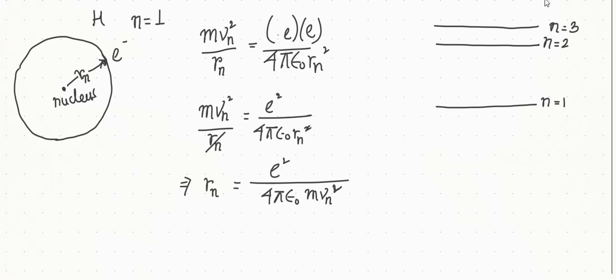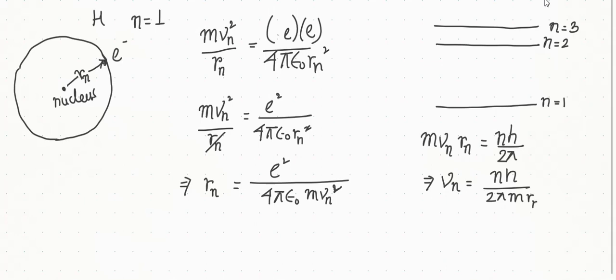Now one thing you need to understand: if we consider Bohr's consideration, if an electron is revolving in the nth Bohr orbit, then the angular momentum of that electron, m vn rn, is equal to n h divided by 2 pi. So from here, the value of vn becomes n h divided by 2 pi m rn.